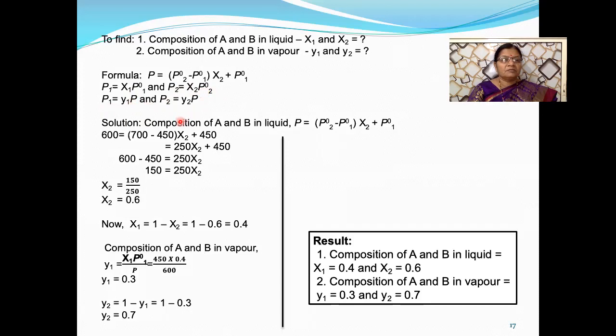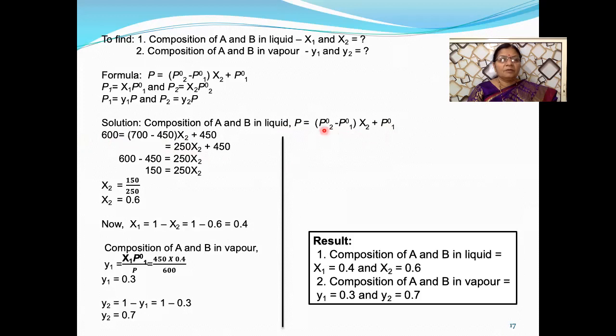First we calculate the composition of components A and B in the liquid. That is P equal to (P02 minus P01) X2 plus P01. Putting in the values, the total pressure given in the numerical is 600 mm.